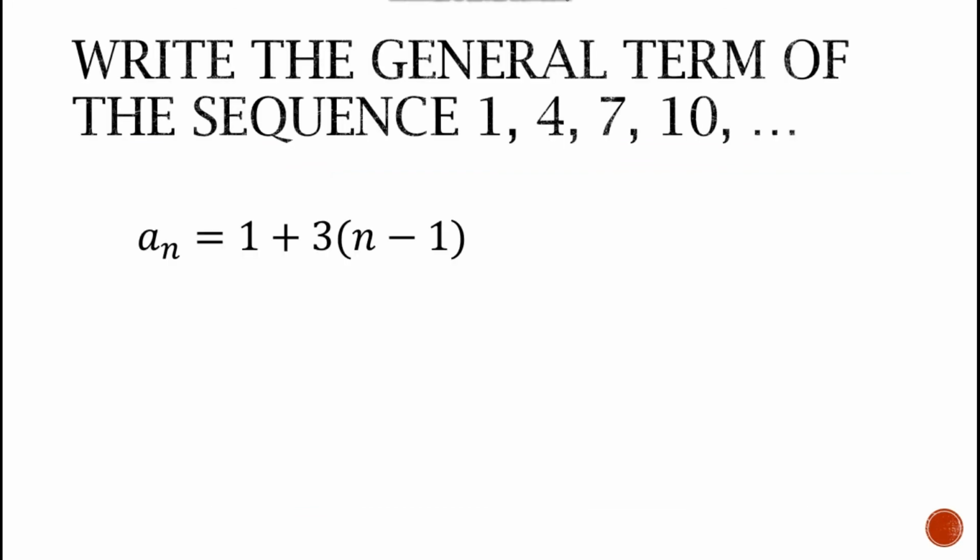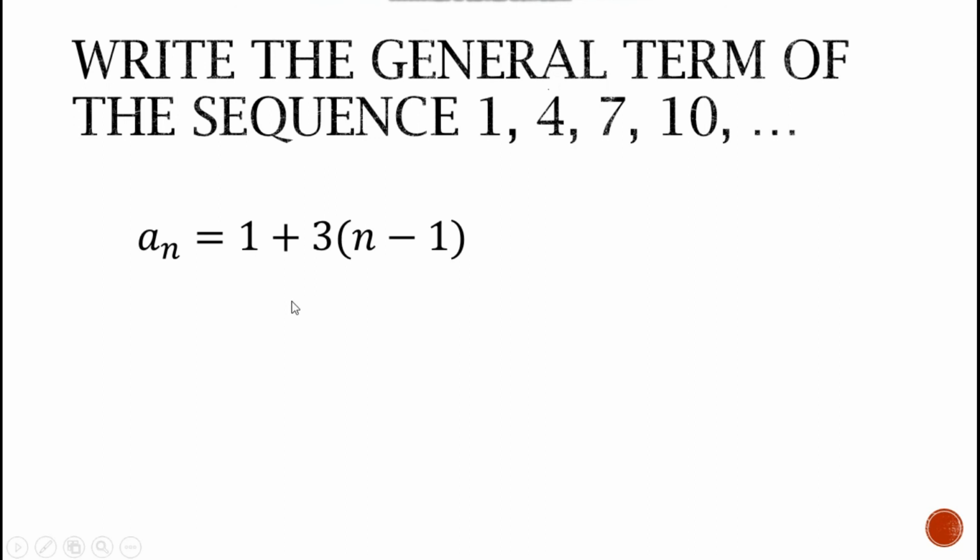Now, if you're going to observe in the pattern of the nth term, the number of times that 3 is added to 1 is 1 less than the nth term. So now, let us simplify the nth term of the given pattern. So we have a sub n equals 1 plus 3 times n minus 1.